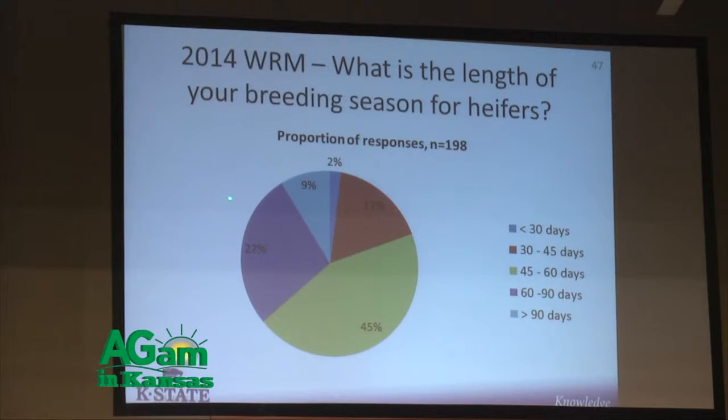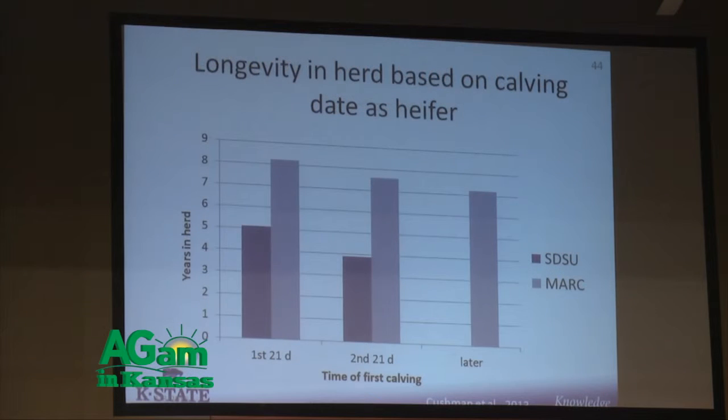If you choose one that's born late in the calving season, and she ends up breeding late in her breeding season as a replacement heifer, and subsequently calves late, she only has maybe one or two opportunities to breed in a conventional breeding system, so there's a high likelihood she won't sustain her productivity beyond a year or two as a mature cow.